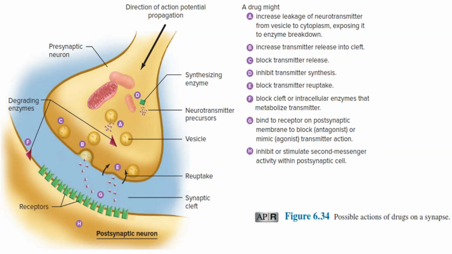That is called an antagonist, or they will enhance it, mimic the transmitter action, that is called an agonist. Or finally inhibit or stimulate second messenger activity, that is the metabotropic receptor. So these are the ways we try to modulate the synaptic activity.